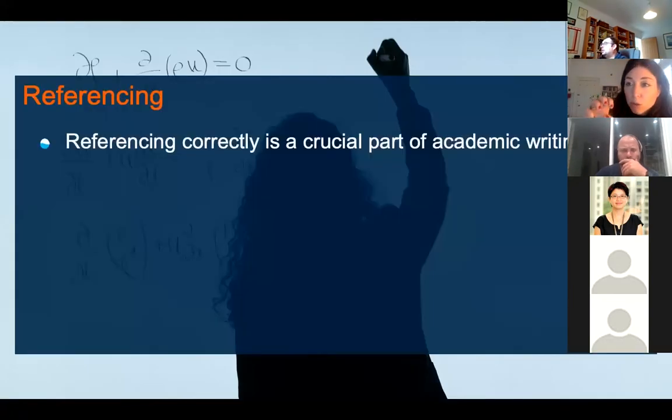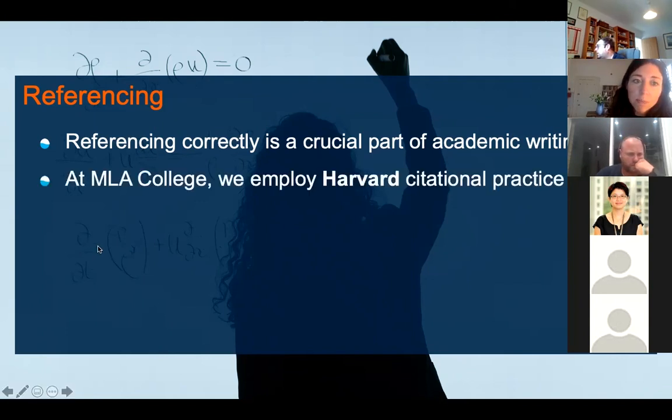So referencing, I'm just going to do a very short section on referencing. Everything is in the how to reference guide on your TLP, which hopefully you should at this stage have looked at. We're using Harvard referencing, so I'm only going to mention that today. It's a crucial part of academic writing. If you don't reference correctly, basically you're not really writing academically. You need to reference everything you write.